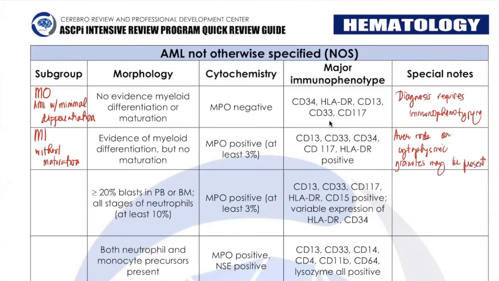And this is actually similar na, similar din siya sa tinatawag natin na M2. So this would also be characterized by presence of our rods and cytoplasmic granules. So M2 naman is the FAB classification for acute myeloid leukemia with maturation. Okay? So again, dito our rods or cytoplasmic granules may also be present.